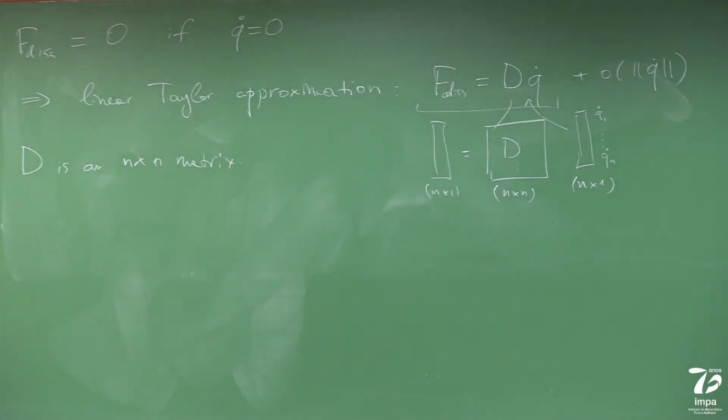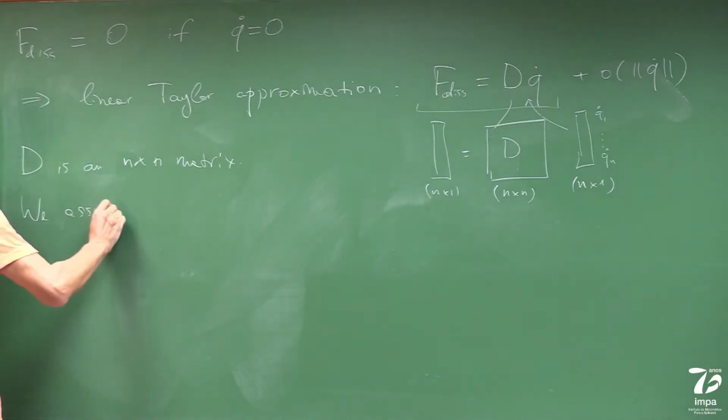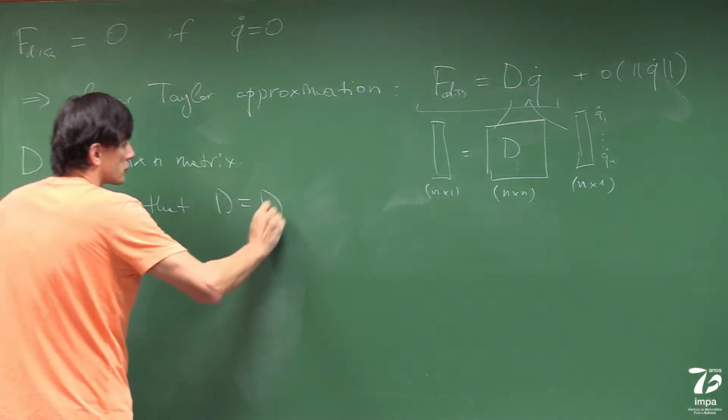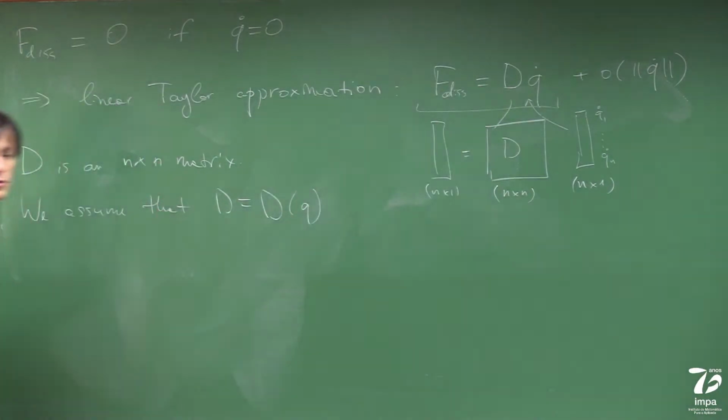And D is a matrix which in principle may depend on everything, right? In the usual model, they just say that we assume that D is just a function of position, or constant.